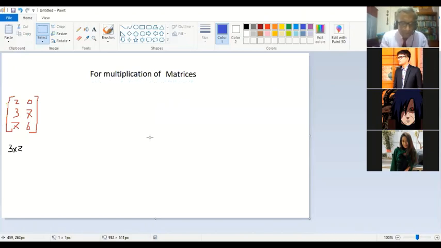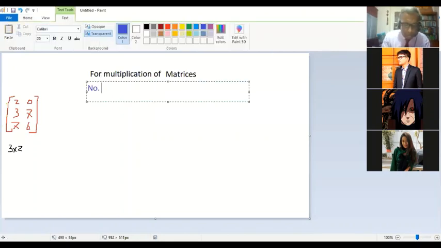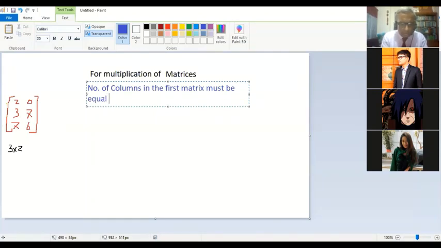The number of columns in the first matrix must be equal to the number of rows in the second.